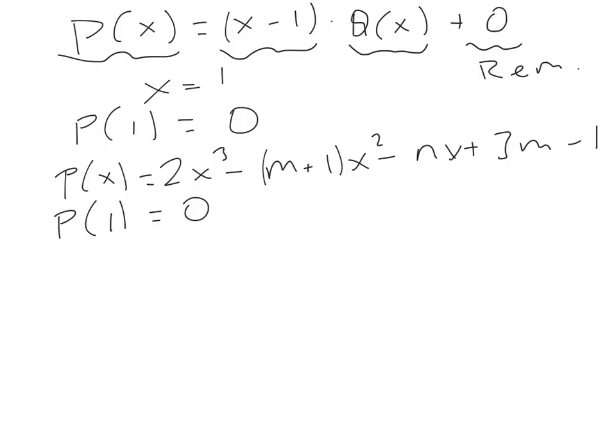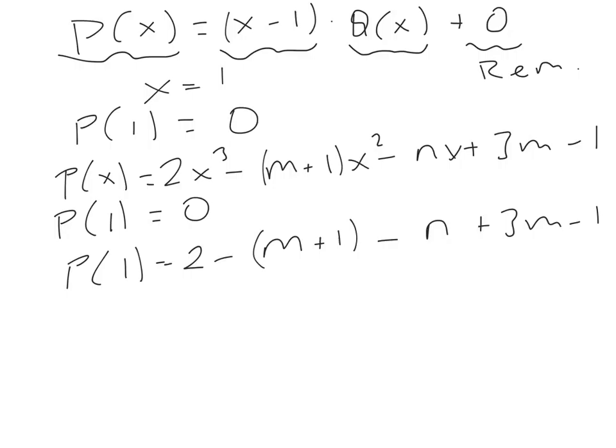Let's find p of 1. P of 1 equals 2 times 1 cubed minus m plus 1 times 1 squared minus n plus 3m minus 1. 2 times 1 cubed is 2.